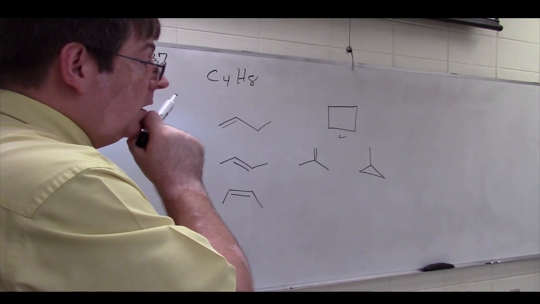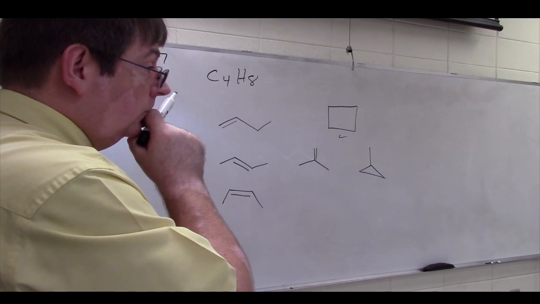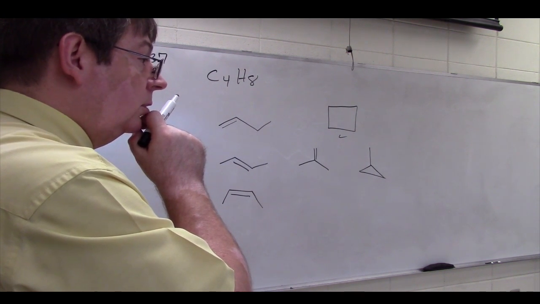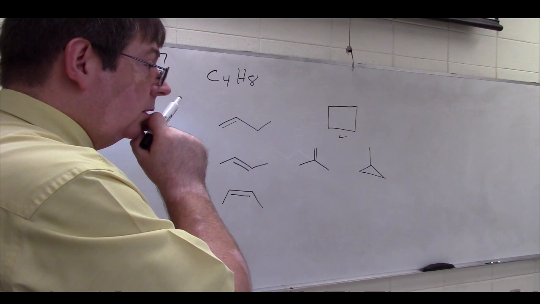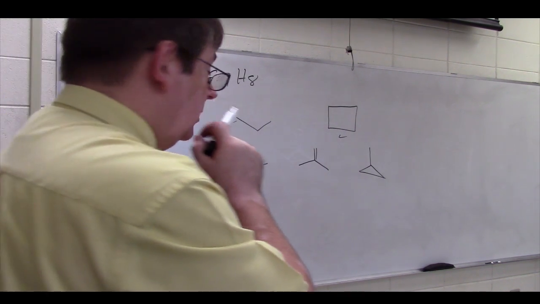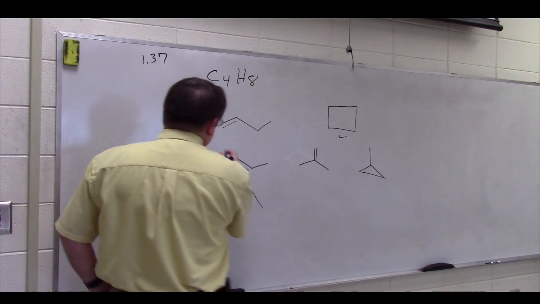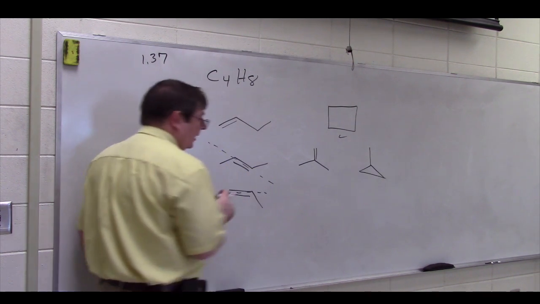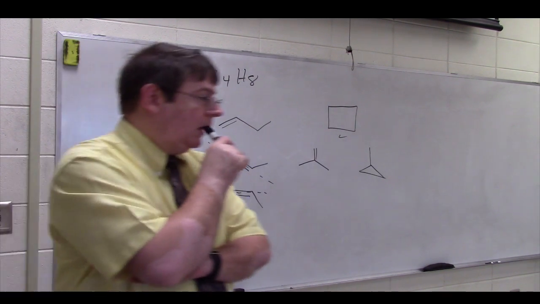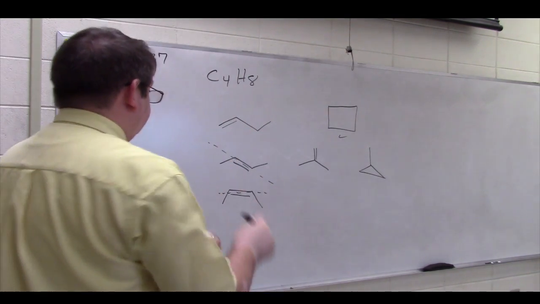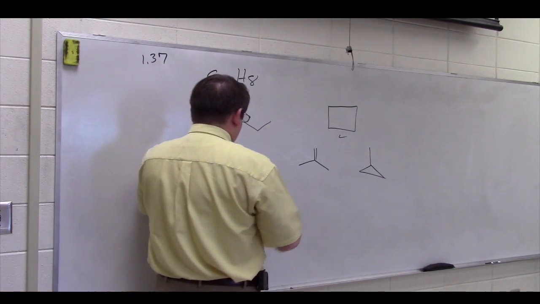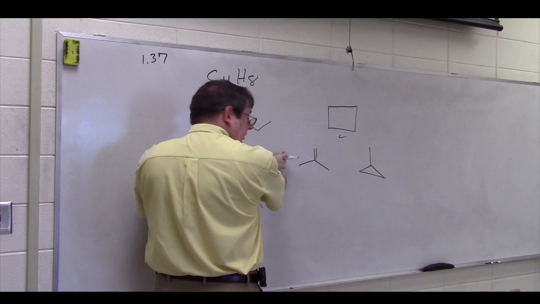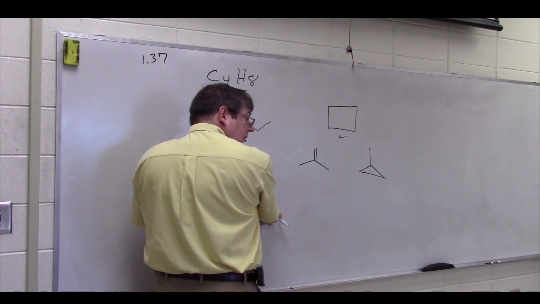They do have the same constitution, but are the 3-dimensional shapes of that molecule identical? If I think about the double bond as being a plane, what's different about it now? Okay, so this CH3 and this CH3 are on opposite sides of the plane. Where are they here? On the same side.